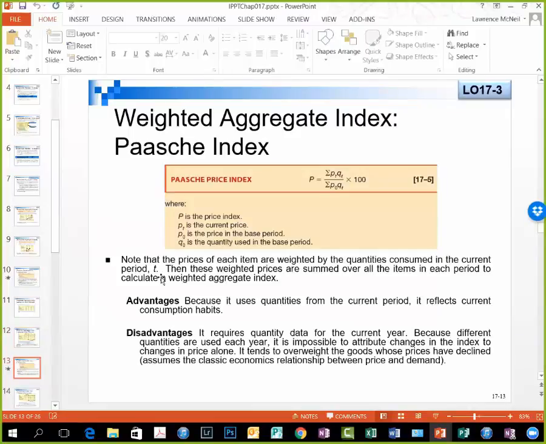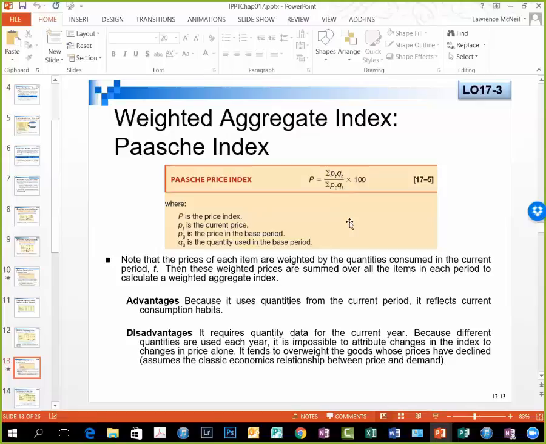There's the Paasche, and the Paasche is saying, hey, instead of using earlier price and quantity, PO/QO, use the original price in the base period times the quantity in the current period, as your denominator, and in your numerator use all new things, price and quantity.